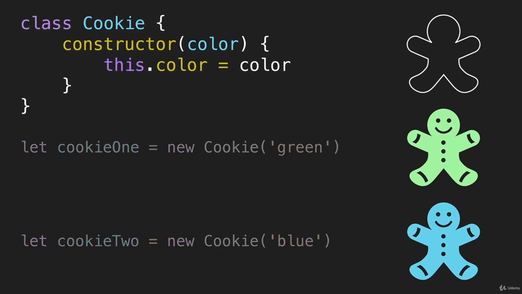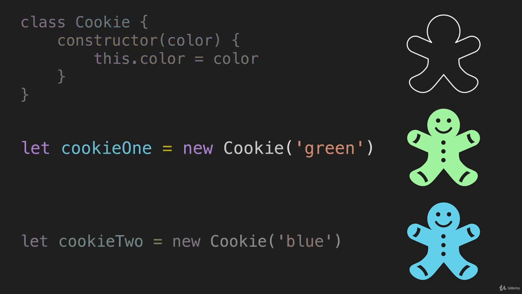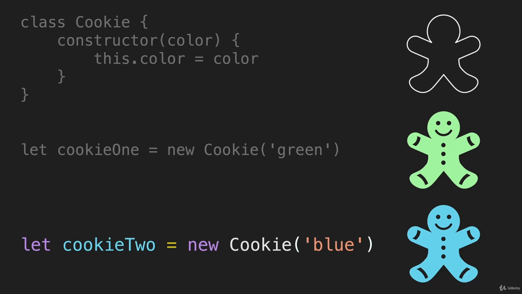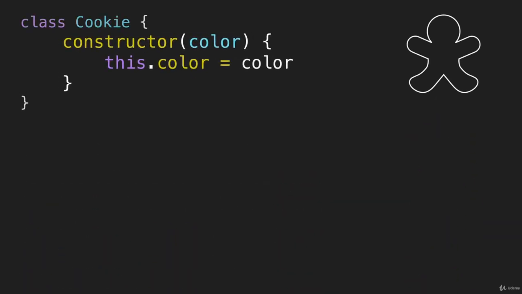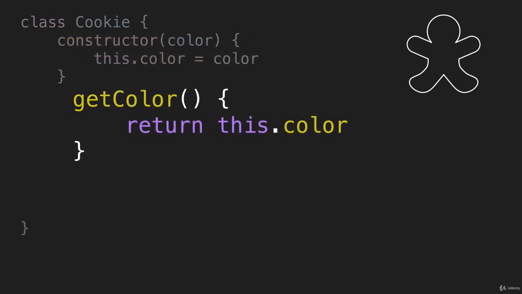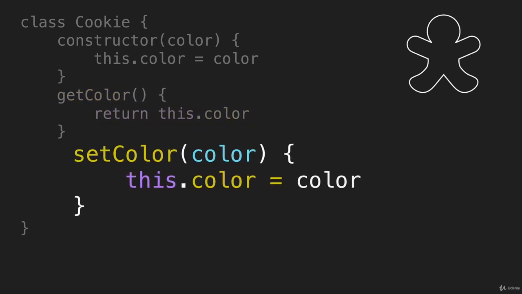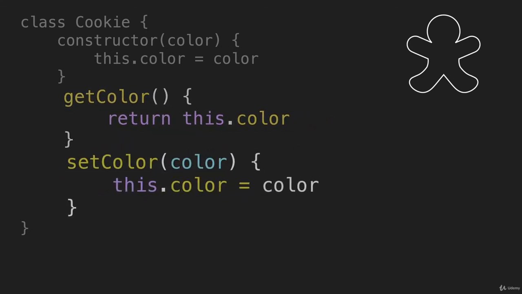So now we have created a class, which is like a cookie cutter, and then we've created a green cookie and a blue cookie. Let's drop the cookies out of here and expand this class. So far, we have created a constructor, but now we are going to create getColor and setColor. And these are the two broad categories of methods that you create. They are getters and setters.